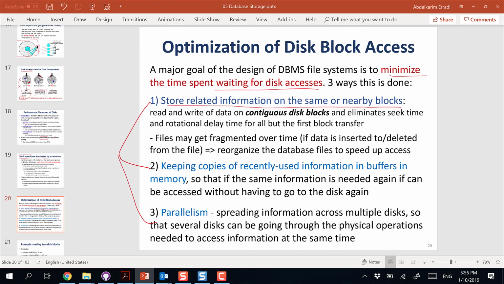Of course, there are commands in every database that help you to do this, but you have to schedule them or run them regularly to make sure the blocks are contiguous. For example, if we have a lot of deletes, some blocks are empty, and we're not going to reclaim the space immediately when we delete something.